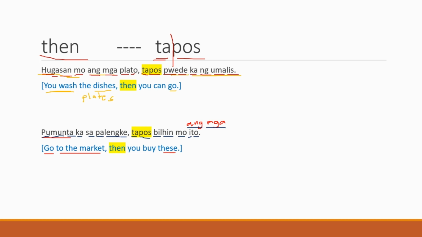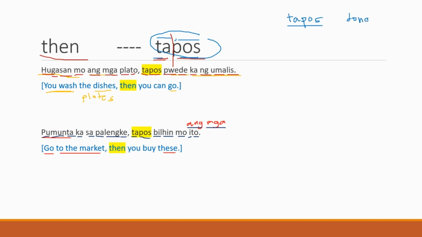Okay? Again, the correct pronunciation of this word is ta and a pause, then pause. Tapos. And the other one, which is just the fast version, is tapos, which is done.